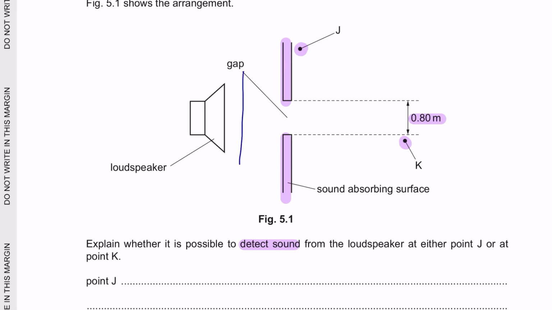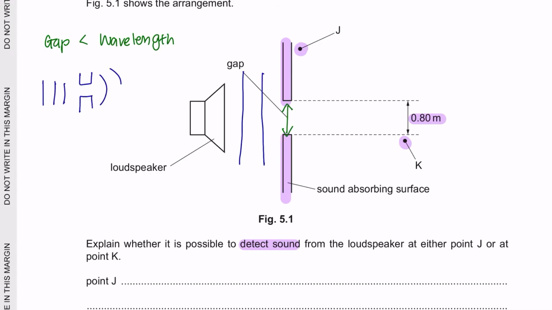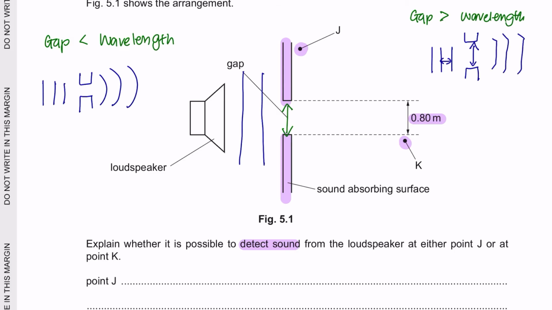Now, when the sound wave goes through a gap, the sound wave will diffract. However, the way it diffracts depends on the gap. If the gap is smaller than the wavelength, then the waves tend to diffract more like this. However, if the gap is larger than the wavelength, then there will be less diffraction like this. So in this case, the gap is 0.8 meters, which is larger than the wavelength of only 0.4 meter.